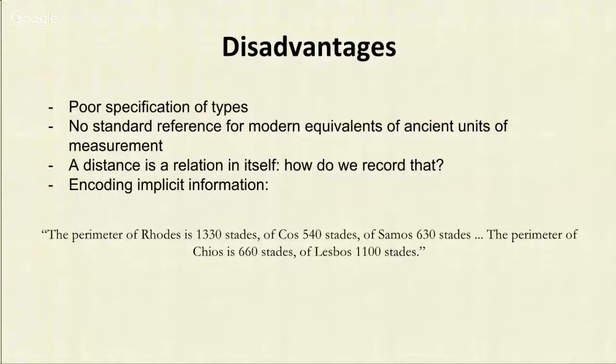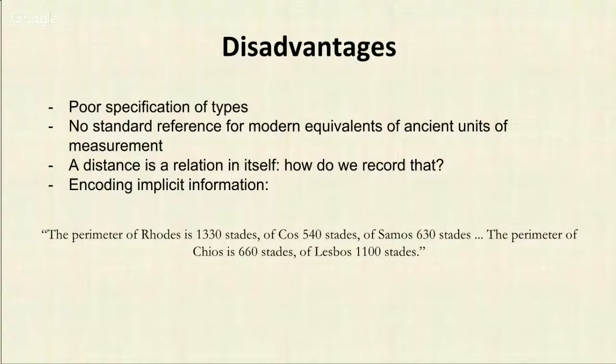I didn't even attempt to give you an equivalent between the measurements that I have in states, or days or nights or whatever, with any kind of modern measurement, because simply there isn't any. And obviously, the third and most important thing is a relation in itself, as we mentioned before. So how do we write that?